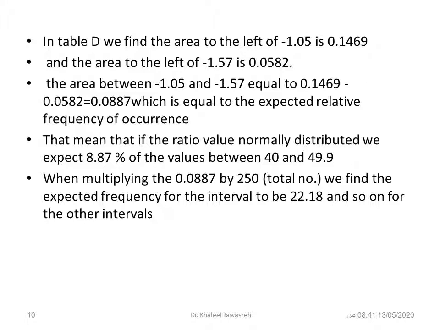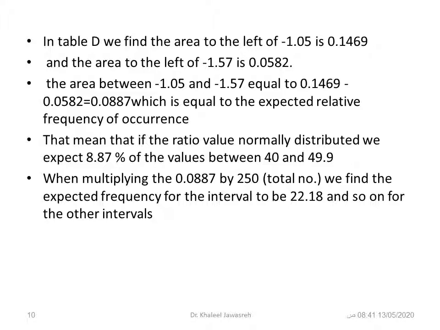This is just for one category, and you do need to repeat those steps for all the categories, just to obtain the expected values, and compare them with what? With the relative frequency.